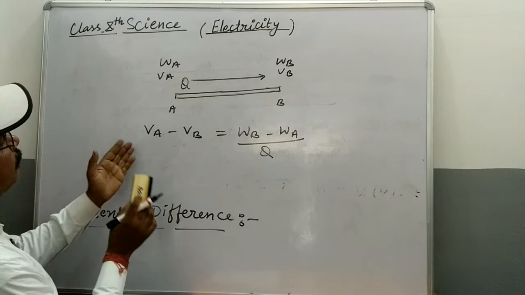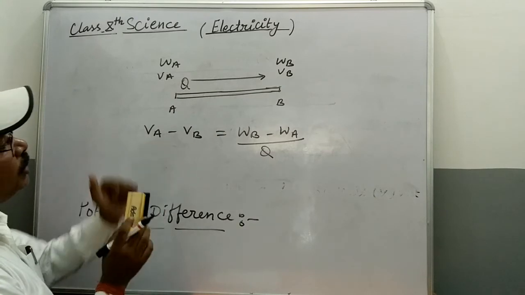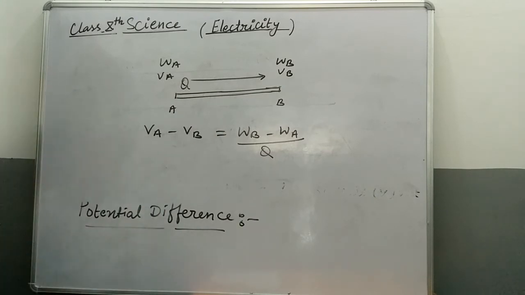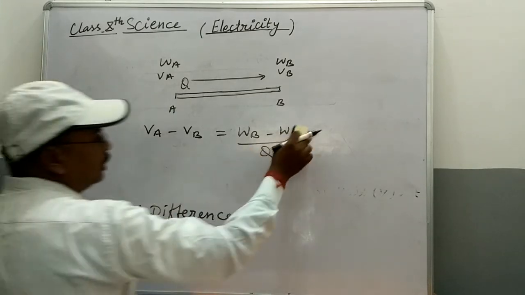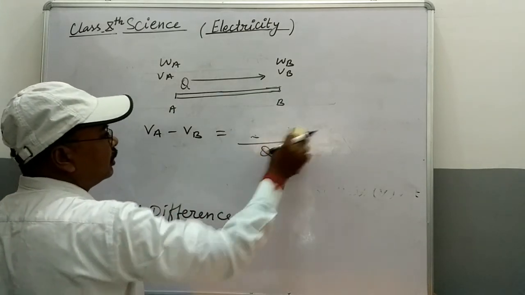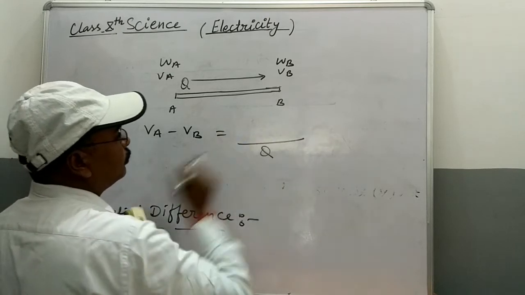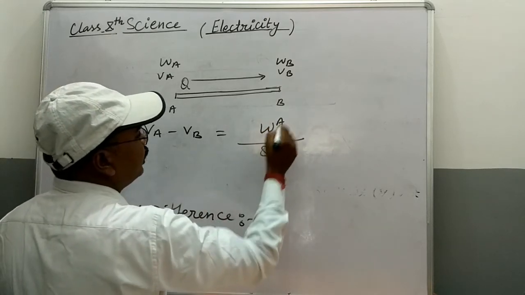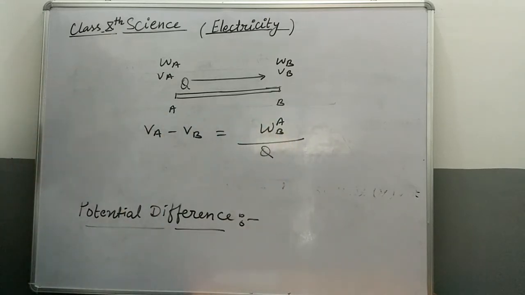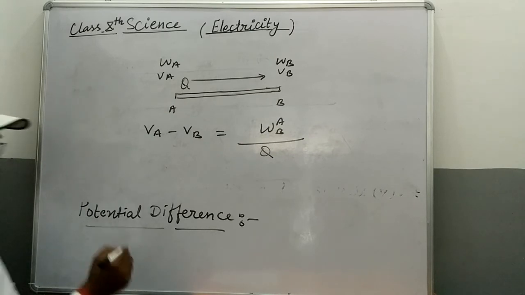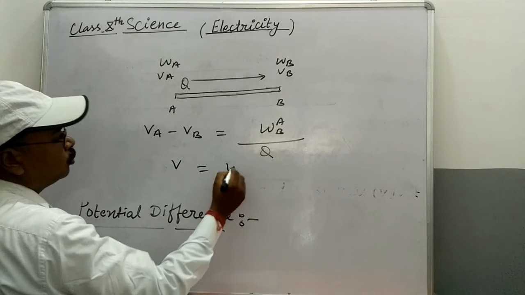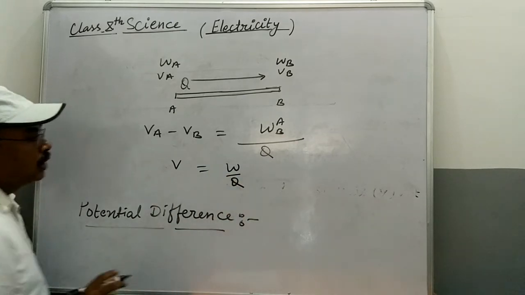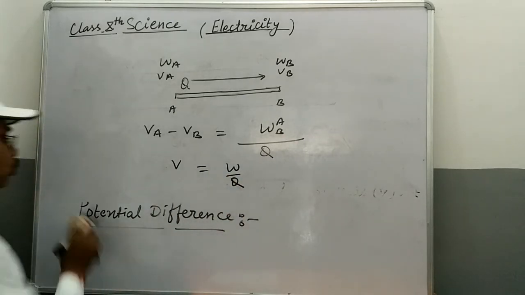Then the potential difference VA minus VB is equal to W, simply W from A to B. It means simply V equals W upon Q.